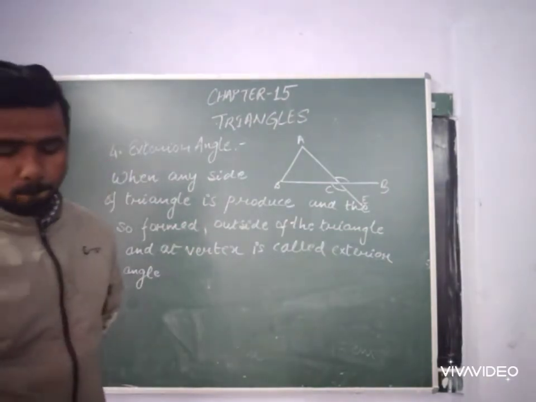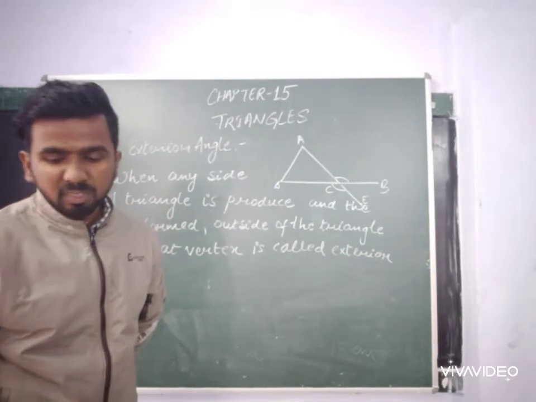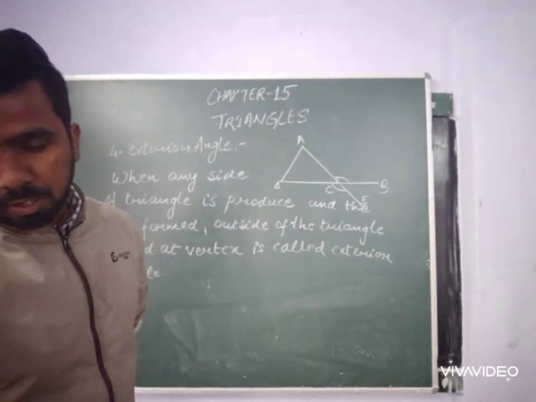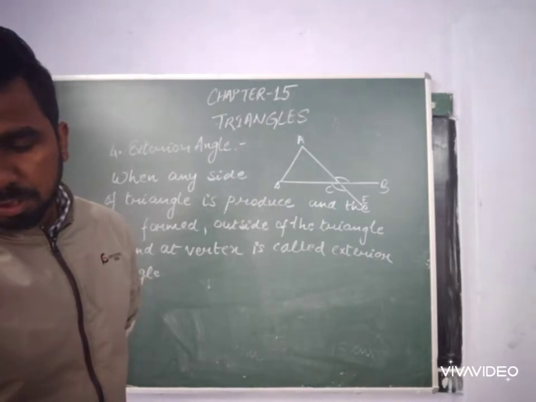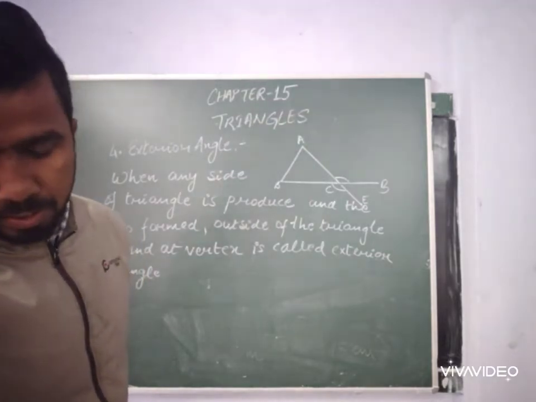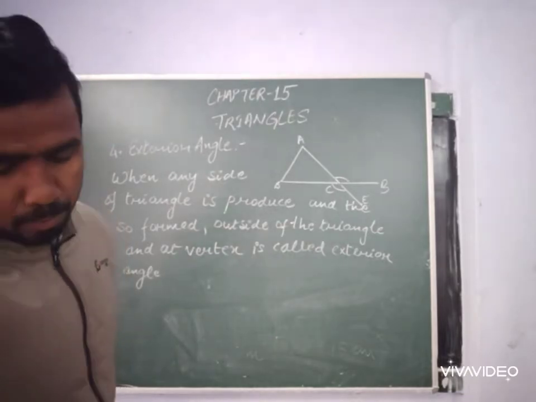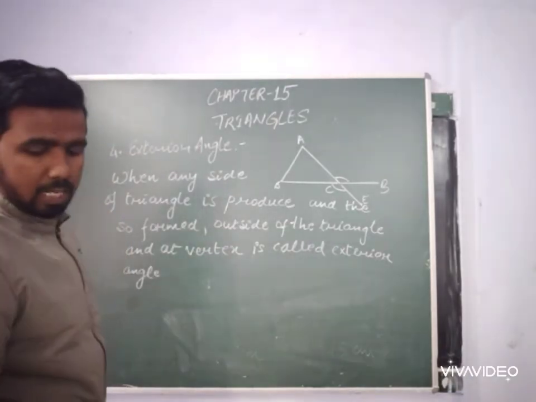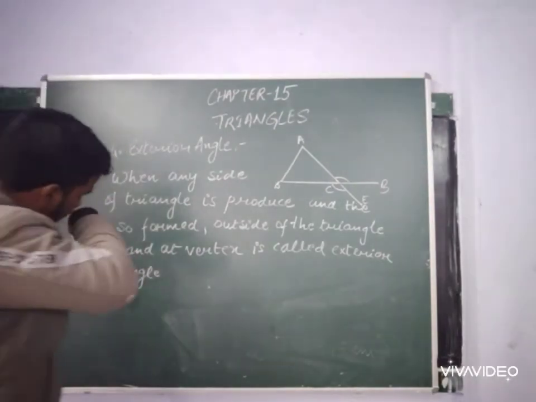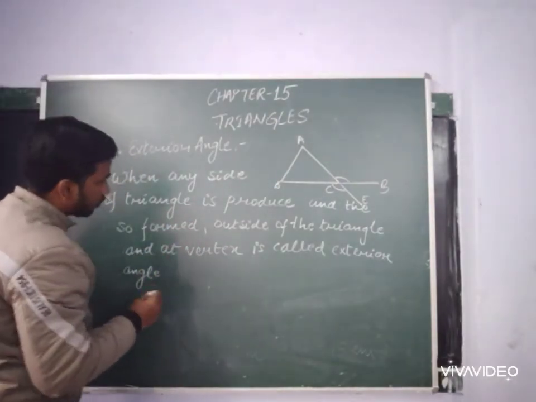Clear? So look at the board very clearly. Here also, the sum of the exterior angle and the corresponding interior angle is 180 degrees. This thing is also very important for you to understand.